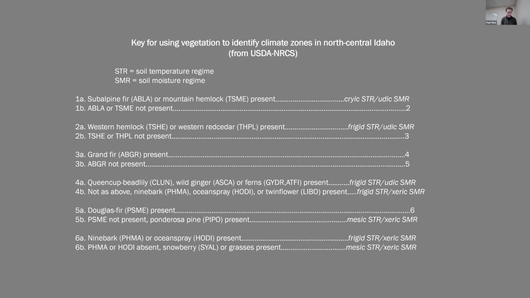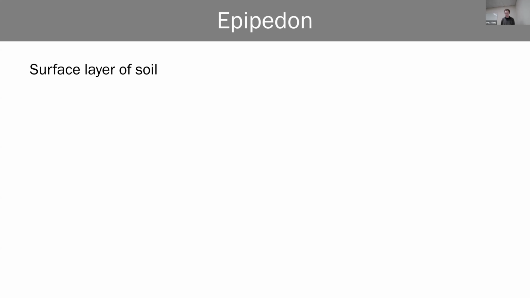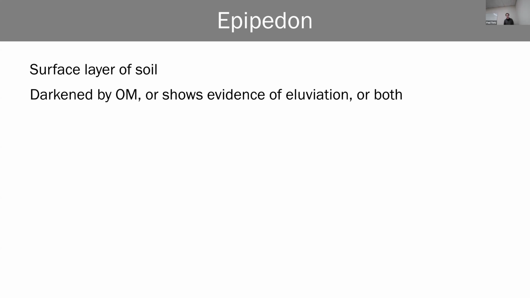What we consider the surface layer, or by definition at least what it means to be an epipedon, is that it's darkened by organic matter, or it can show evidence of eluviation, or probably both. Darkened by organic matter is generally the giveaway for what the epipedon is. Broadly, you can think of this as topsoil as opposed to the subsoil.